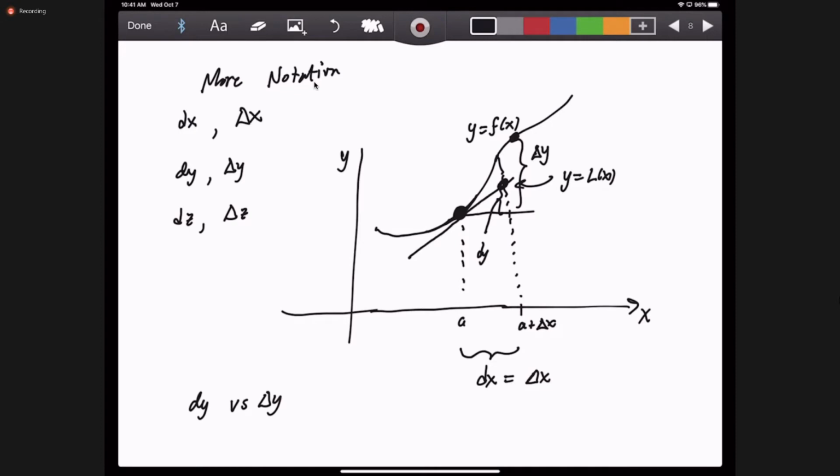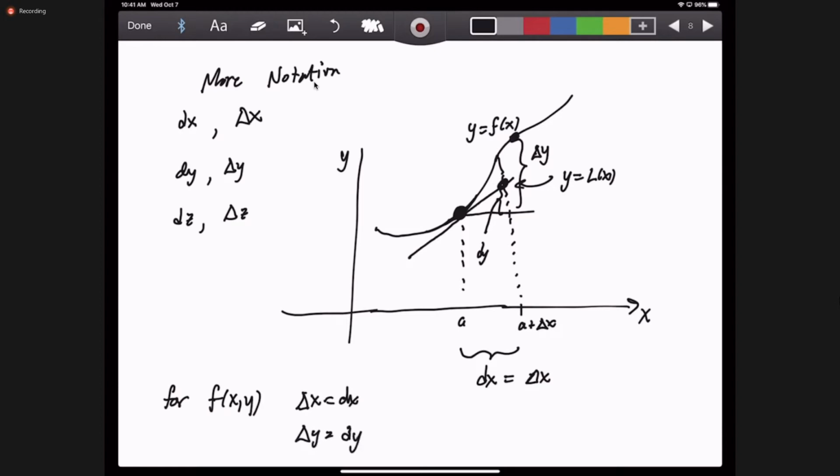And when you go up to a function of two variables, delta x is going to be the same as dx, delta y is dy.